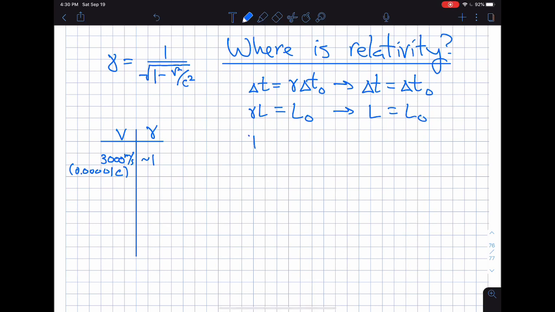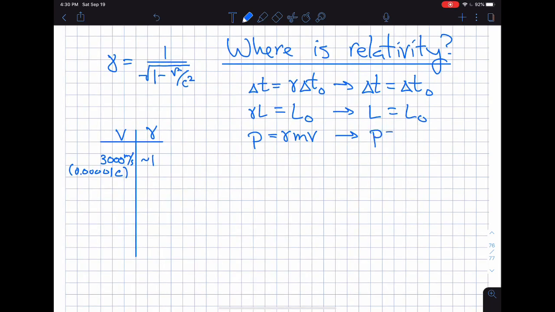If we talk about momentum, well, guess what? This just becomes the classical form that we all know and love, p equals mv. If we're talking about kinetic energy, now this one is not obvious.